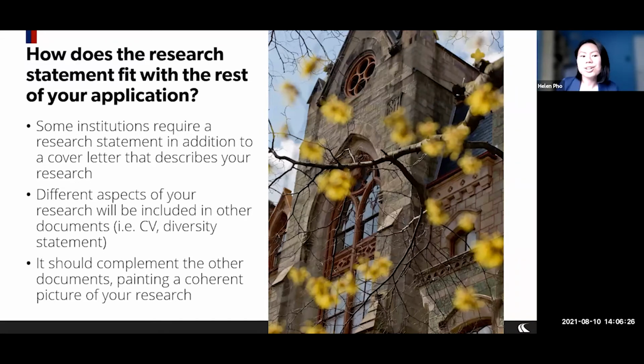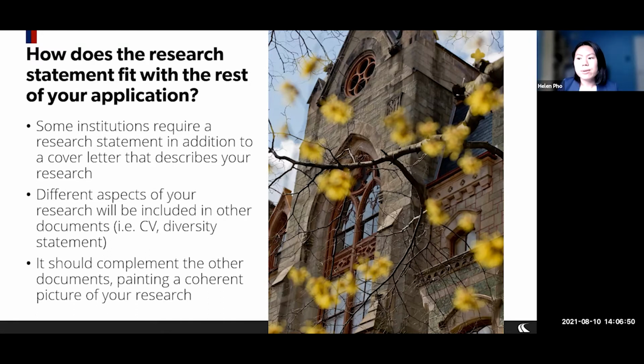So as I mentioned earlier, some institutions are going to ask for this research statement in addition to a cover letter where you're also going to describe your research. So there isn't going to be one place in your application package where you talk about research. Chances are you're going to be talking about your research throughout different documents of your application file.